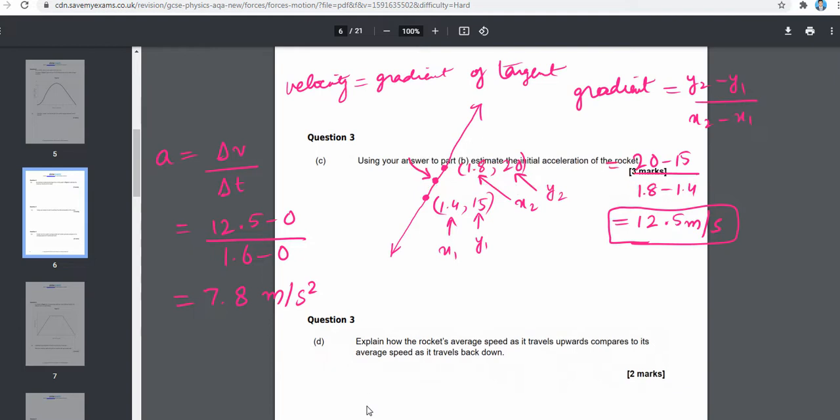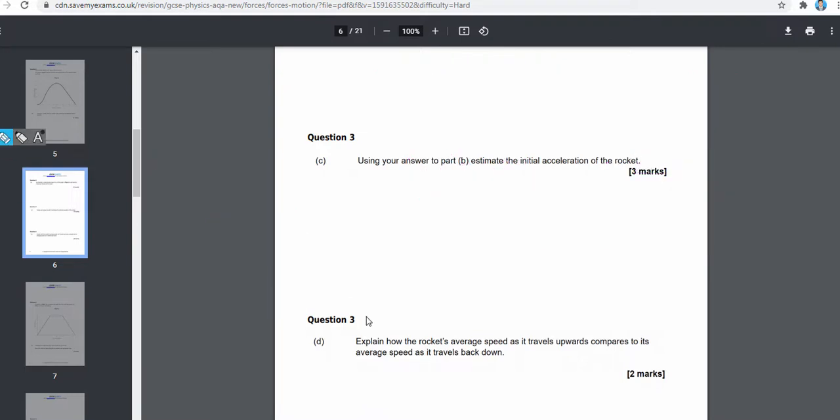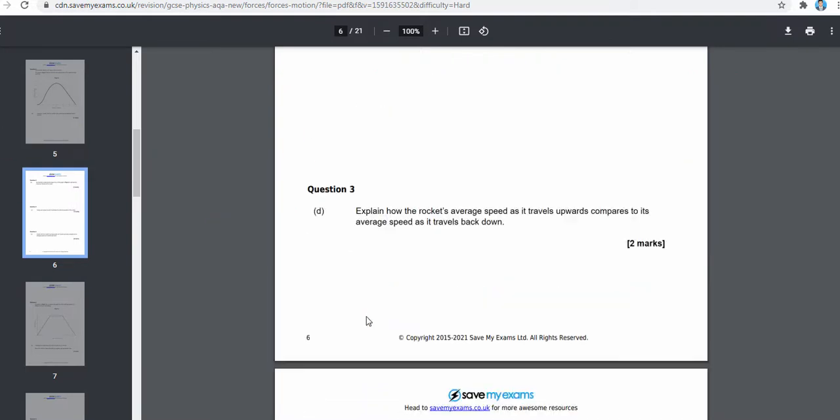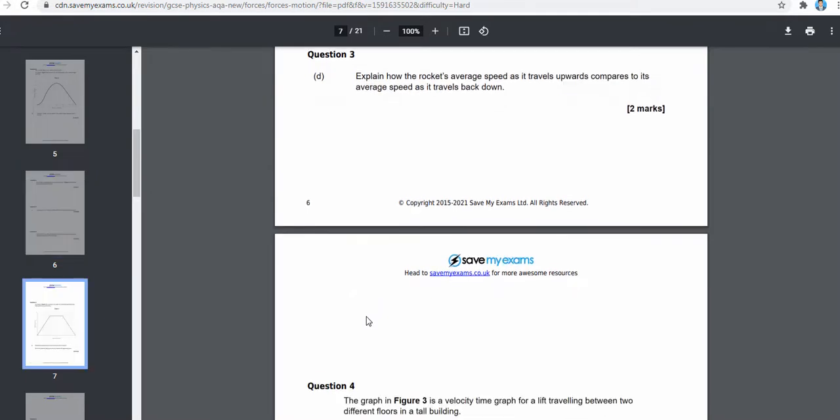Now the next part says, explain how the rocket's average speed as it travels upwards compares to its average speed as it travels back down. Okay, so average speed is basically the total distance over total time. The formula for the average speed is equal to total distance divided by total time.